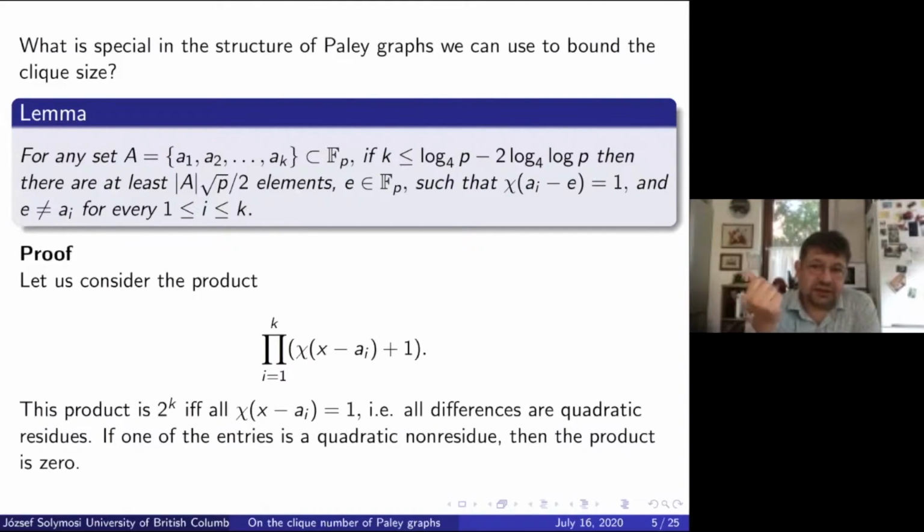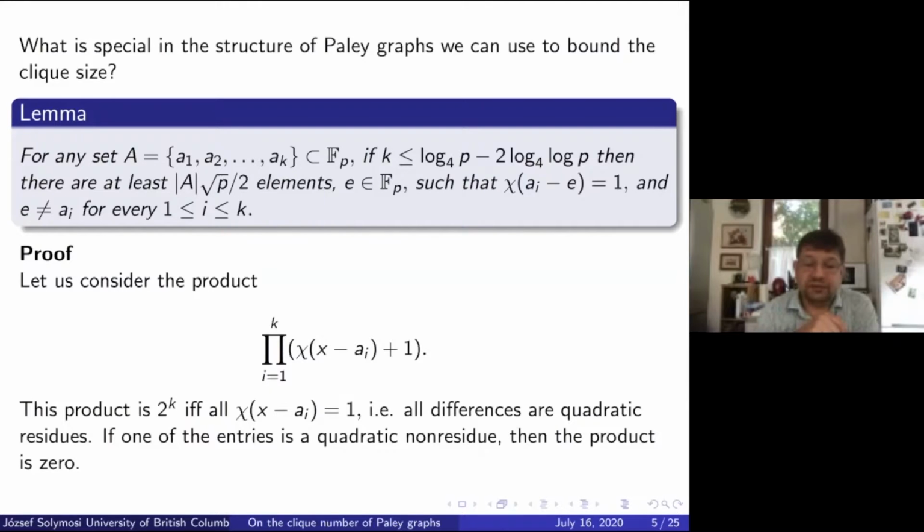Well, I write a polynomial, a product, which will count the number of such points. So let's see this product: the product of chi(x minus a_i) plus 1. Now you remember chi is 1 when it's a quadratic residue, and minus 1 if it's not. So if any of them is not a quadratic residue, then this product is 0.